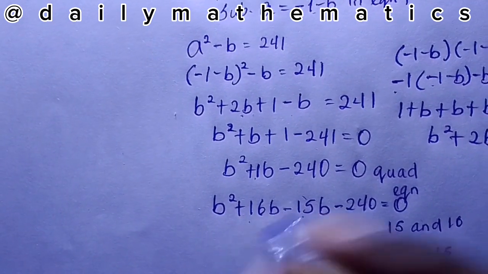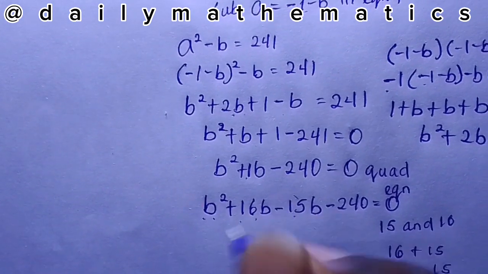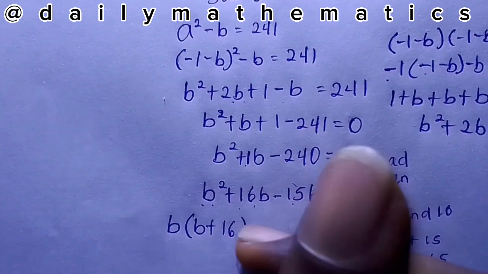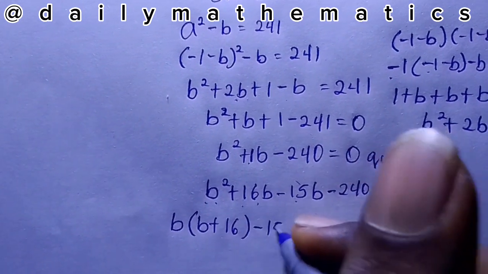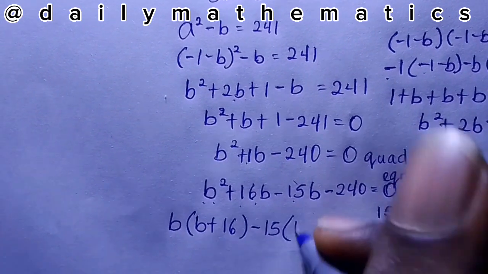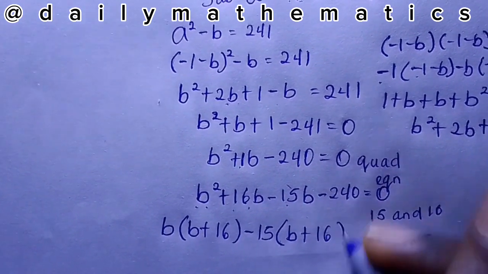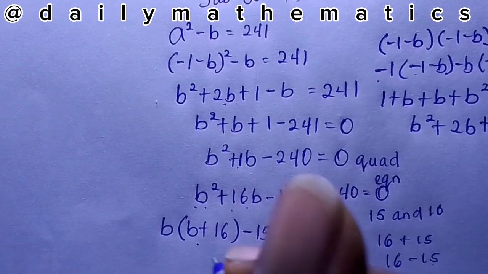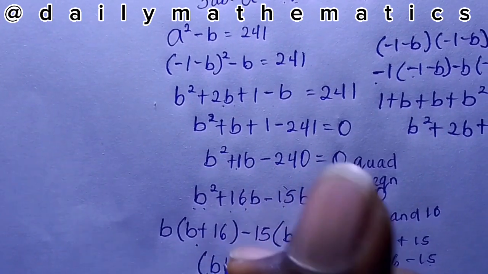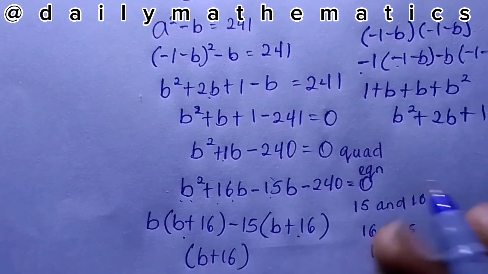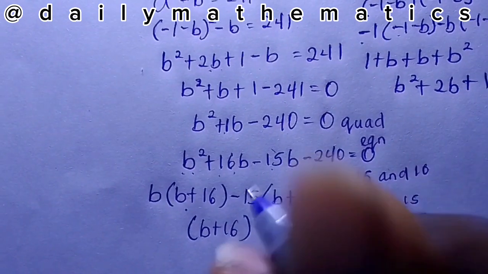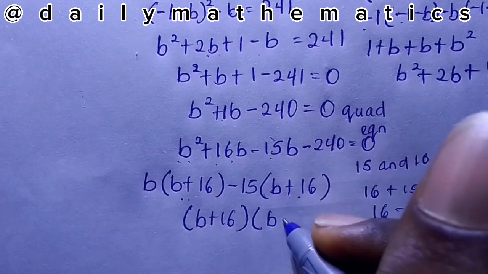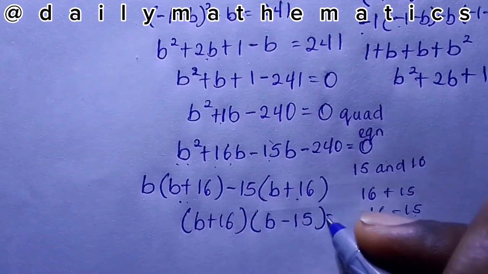From here we factorize b out of the first two terms, and we have b times (b plus 16), and from the last two terms we factorize out minus 15, giving b plus 16. Since b plus 16 is common, we factorize it out, and we have (b plus 16)(b minus 15) equals 0.